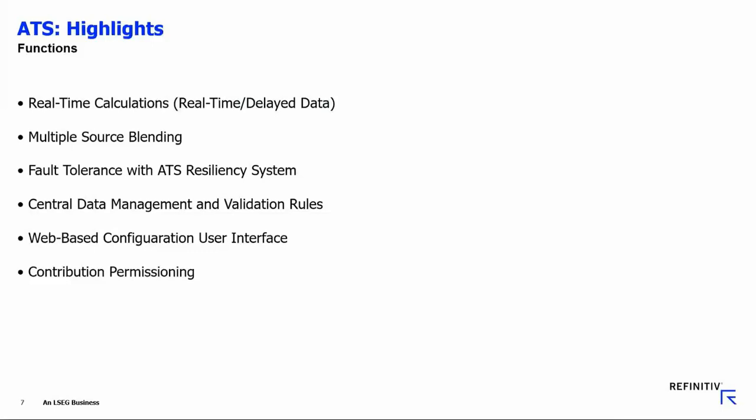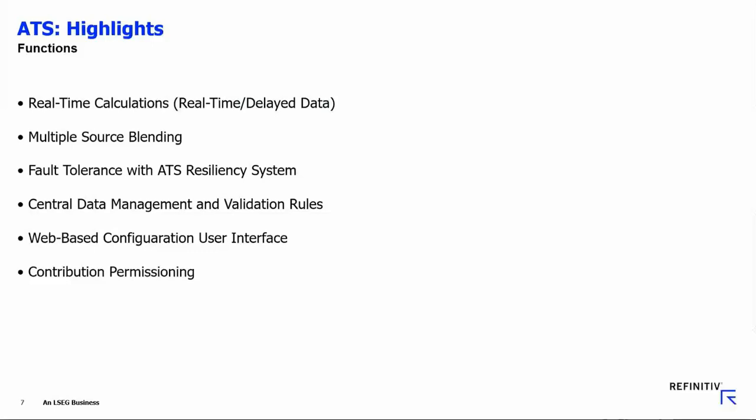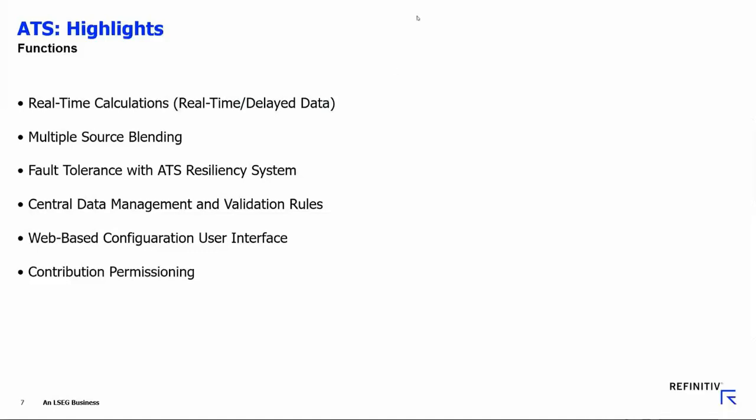Next slide, please. So here's a list of the main functionality of ATS. It includes real-time calculations, including real-time and delayed data, multiple source blending, which allows ATS to subscribe real-time records from multiple sources, blends and publishes them through a single ATS service. Next is fault tolerance with ATS resiliency system.